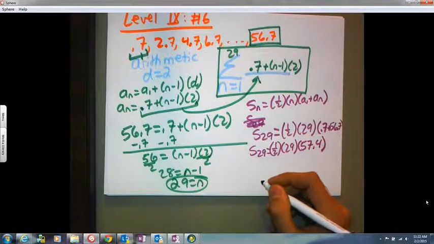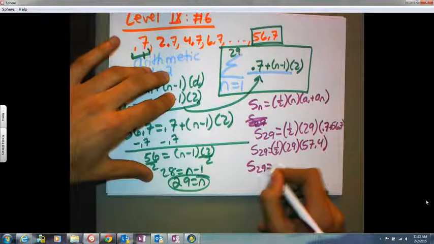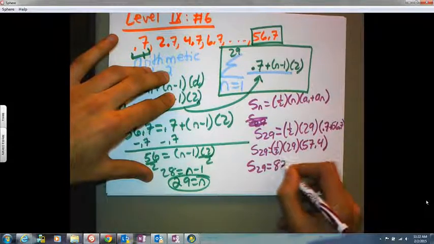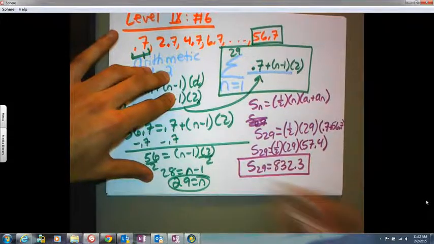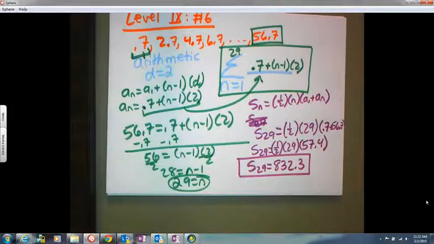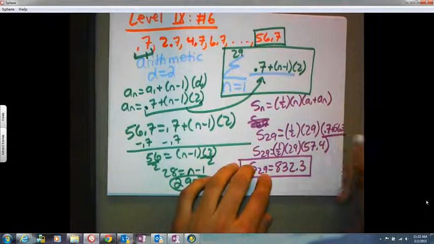As I said earlier, this would be a calculator active problem. And there you have it. And this is a little bit hard to read, I know, so I can rewrite it here. What that says is this.